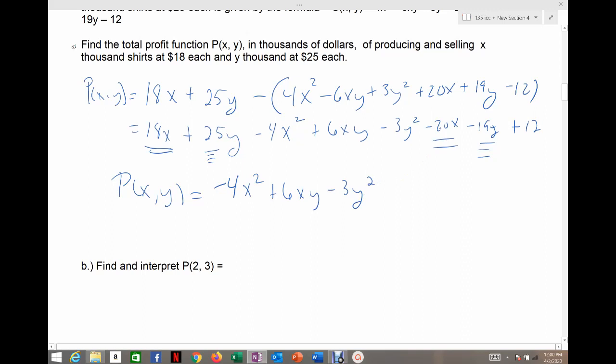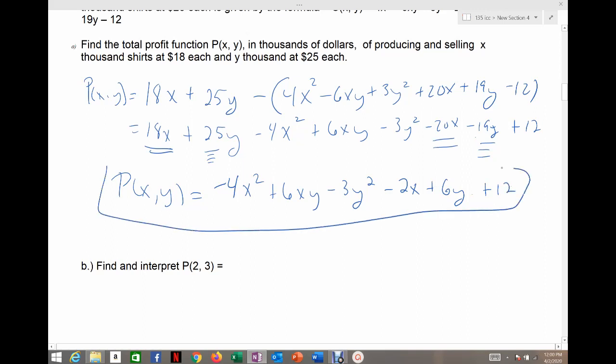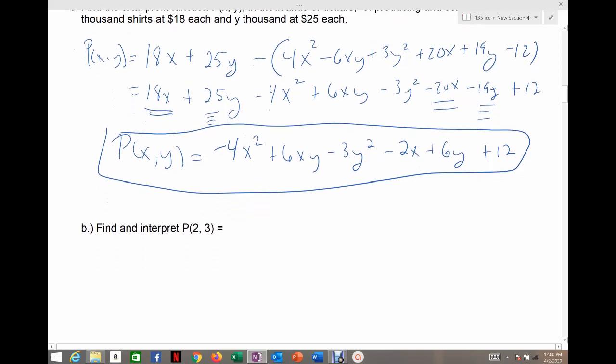Now my negative 20 and my 18x comes out negative 2x, negative 19 plus 25y comes out positive 6y, and then the 12 at the end. Alright, so the big thing about these, again, like I said, is just make sure you're careful with the negative. There's just a lot of moving parts, and we can only add like terms together.